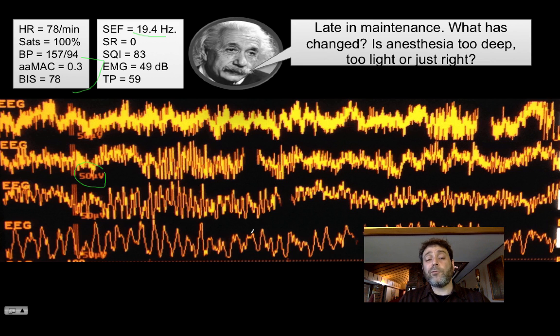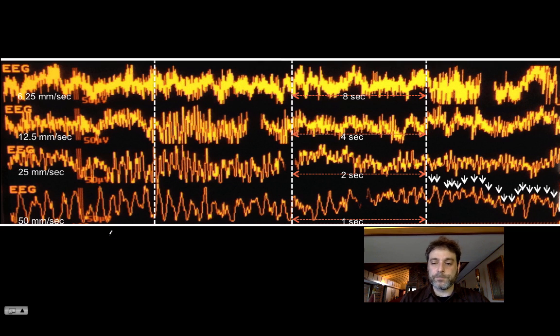It's still not high frequency beta, so this is consistent with somebody who is very groggy, sedated, unlikely to be somebody who's wide awake. So late in maintenance, nothing has changed really from the previous EEG, other than we've changed the scale, which makes it easier to interpret. And again, this is consistent with somebody who is emerging.